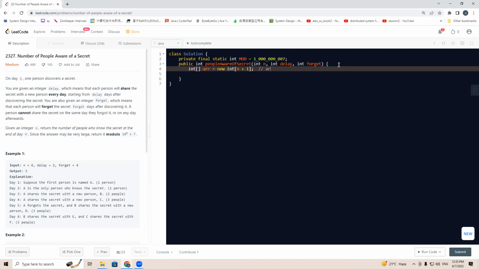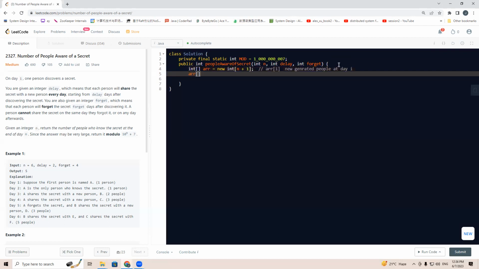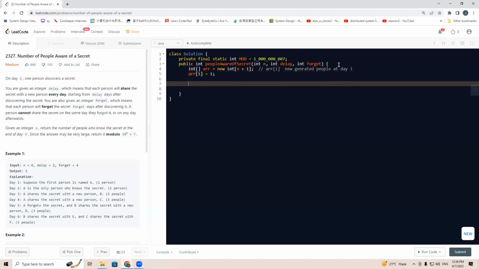That is the array, where array i means the newly generated people at day i. So let's say array 1 equals 1, because at day 1 we have one person. Then for int i equals 1, i smaller than n plus 1, i plus plus.